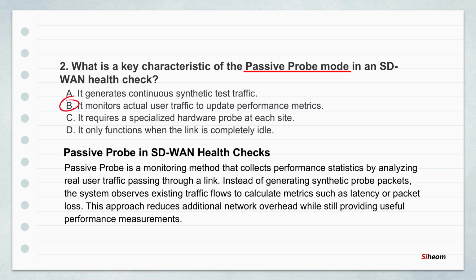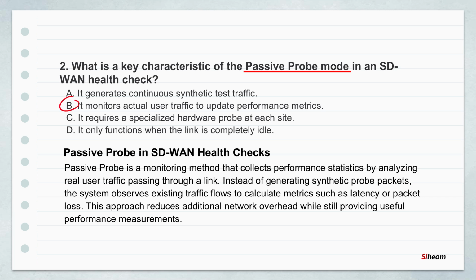But in a high-density branch office, constantly generating that synthetic traffic across multiple IPsec tunnels, it consumes valuable bandwidth and CPU cycles. But if we use passive probes, we are just looking at the TCP sessions that are already crossing the wire, right? Precisely. We can look at the sequence numbers and the acknowledgements to calculate the round-trip time and infer packet loss without generating a single extra packet. You are analyzing the live application traffic.